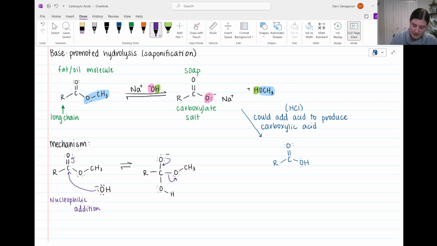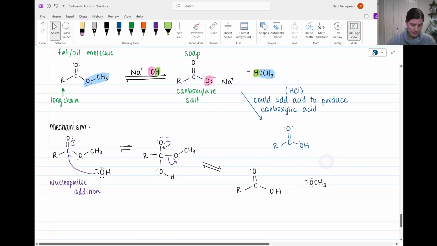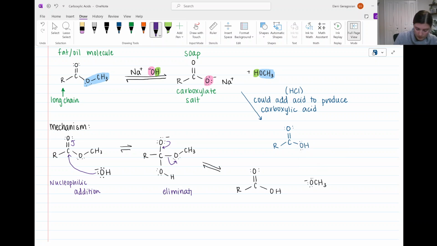The anion that will generate is the OCH3 anion, and then our molecule is a carboxylic acid, and we form this OCH3. That's what has left the molecule, that second purple arrow has shown. So this second step is elimination. We've eliminated the OCH3, the methoxy group.